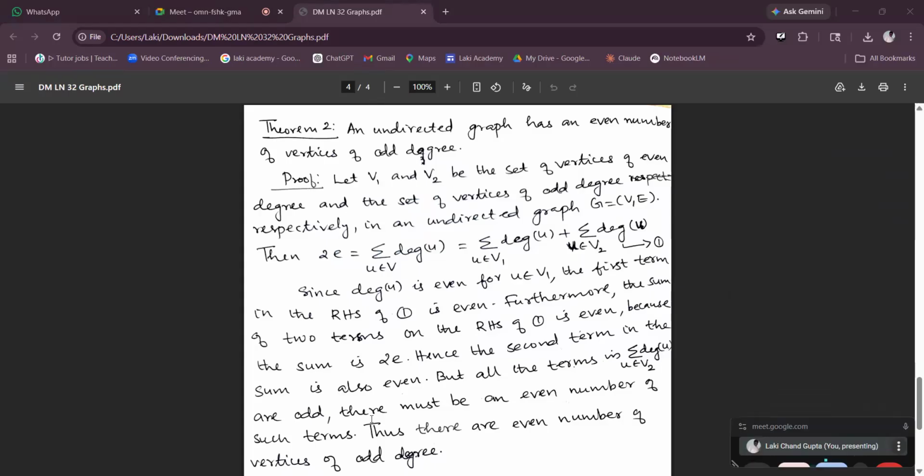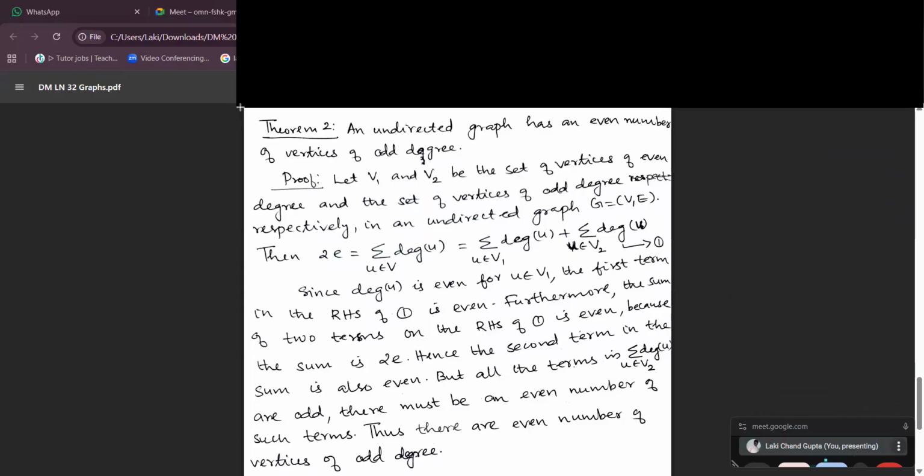See question number 2. In any undirected graph, the number of vertices of odd degree is even, right?